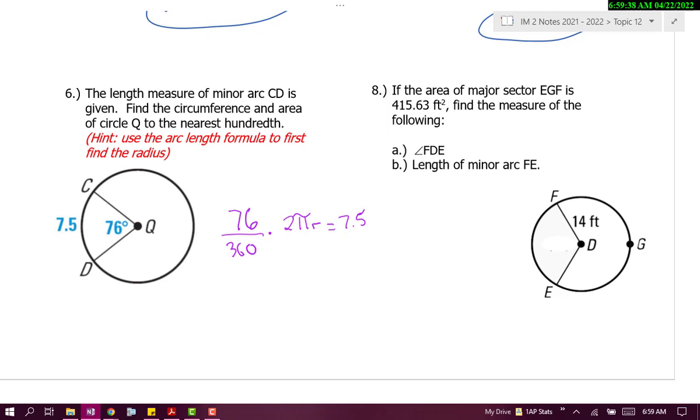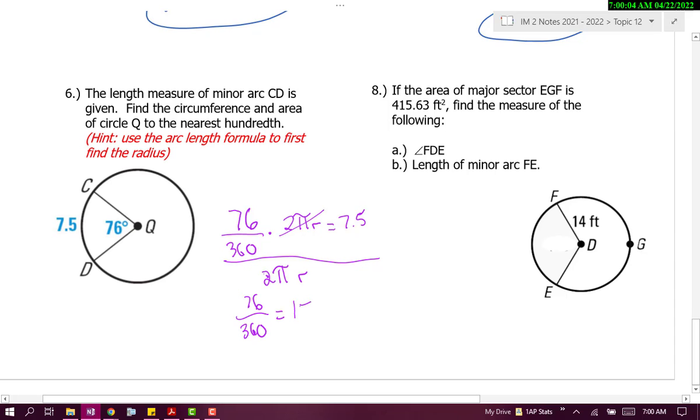If we weren't, well, we could divide by 2 pi r on both sides. So on the left, they cancel out. We got 76 over 360 equals, see, 2 pi r times 7.5 is 15.